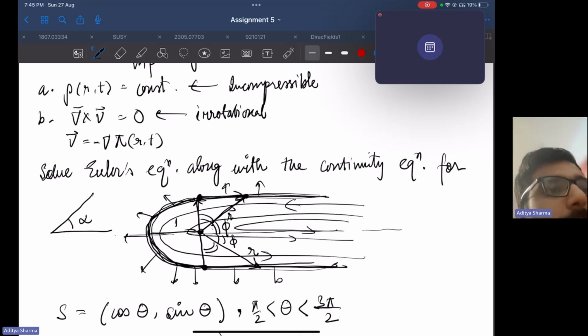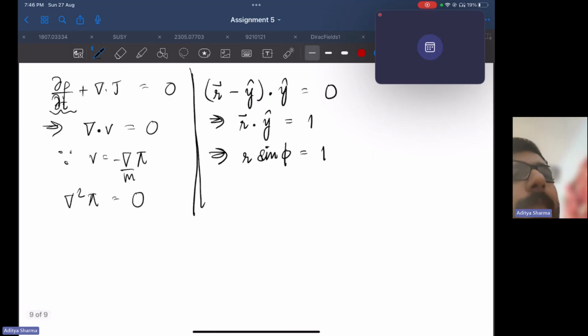Just take r vector minus, that is plus or minus, dot y cap or minus y cap is 0.